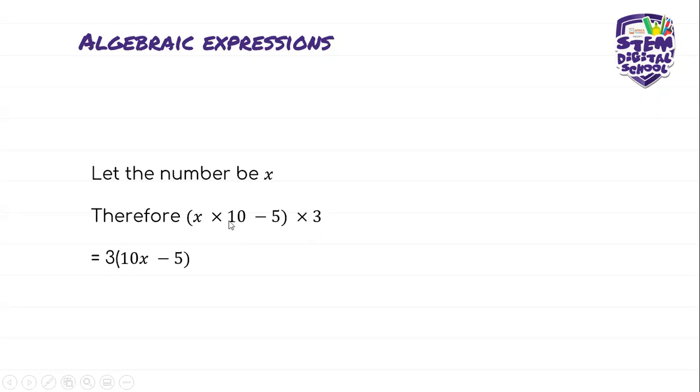This is how we have come to 3 open bracket 10x minus 5. I hope it makes sense that you can take the sequences that are in words and put them in the form of an expression.